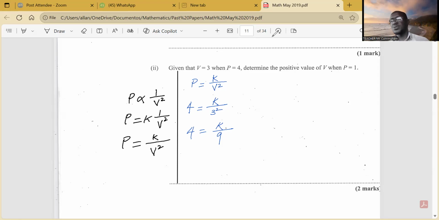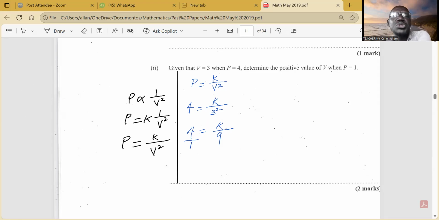All right, people. So let's move on. There were 2 ways you could have done this. If you have 4 equal to K over 9, you could put your 4 over 1.